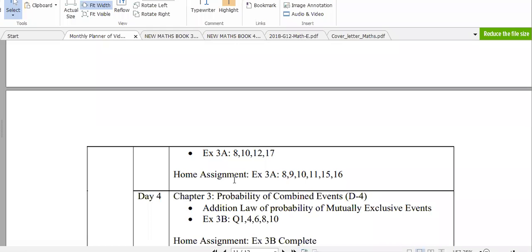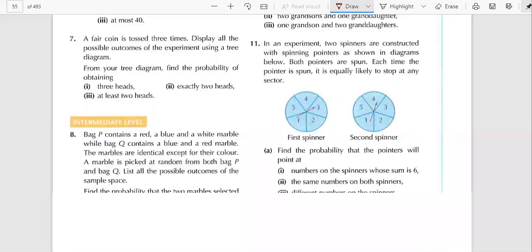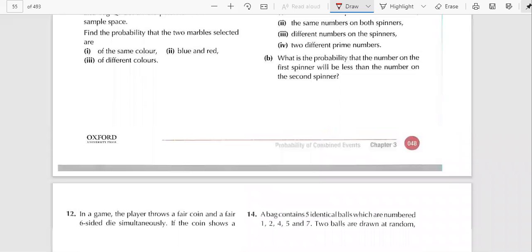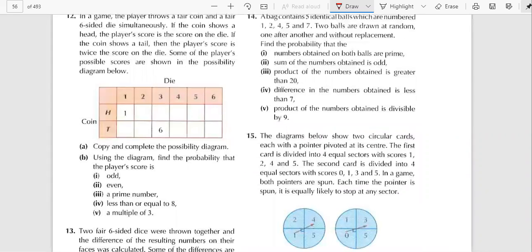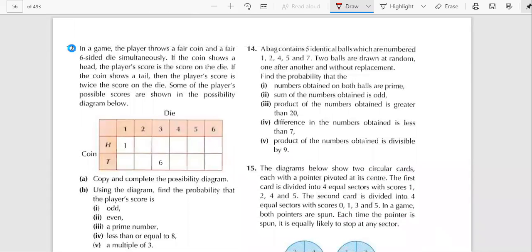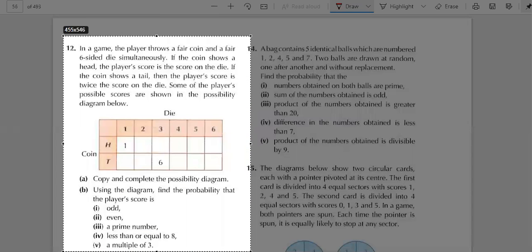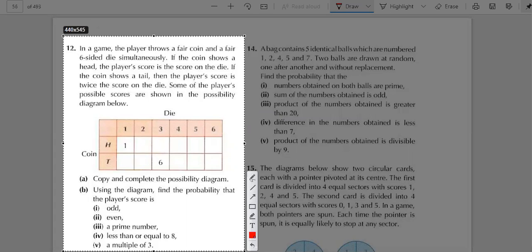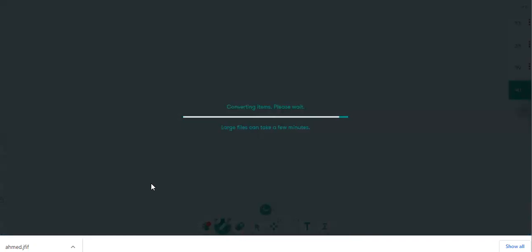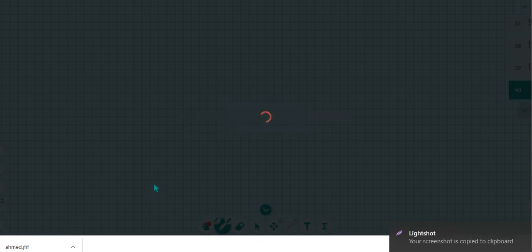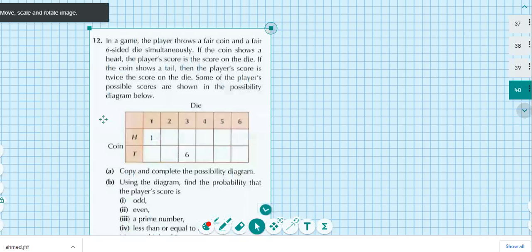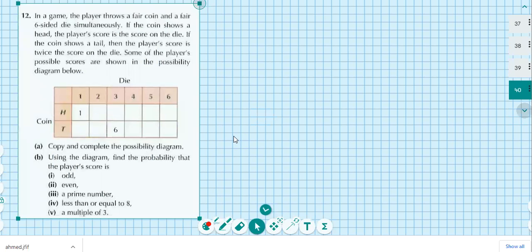Question number 12. The statement is, in a game, the player throws a fair coin and a fair six-sided die simultaneously.